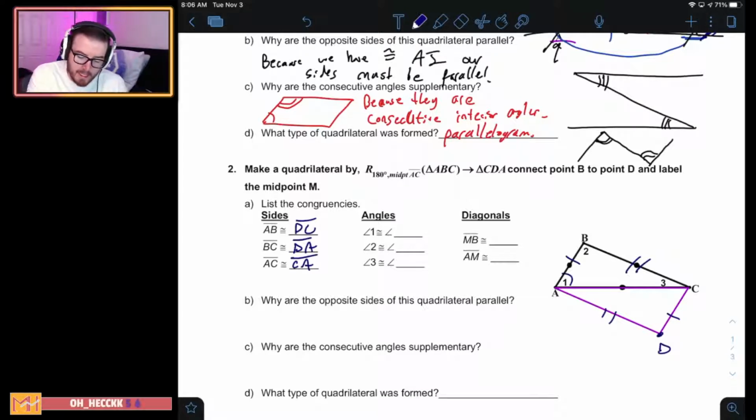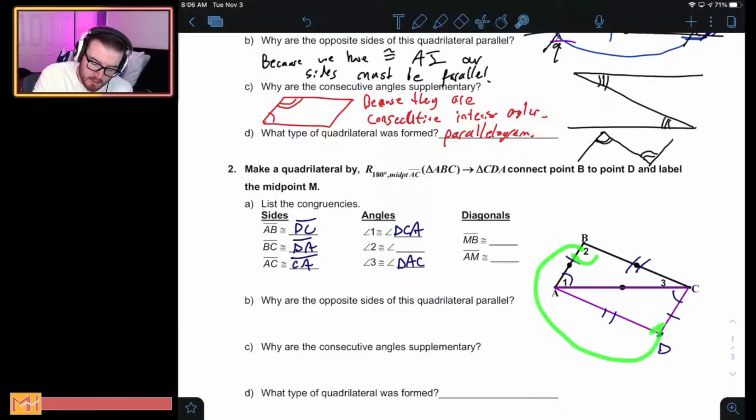Angle 1, as it got rotated around, is going to be congruent to angle DCA. D to C to A makes that angle. And angle 3, as it gets rotated around, is going to end up right there and be congruent to angle DAC. And angle 2, as it gets rotated around, is going to be congruent to angle D.